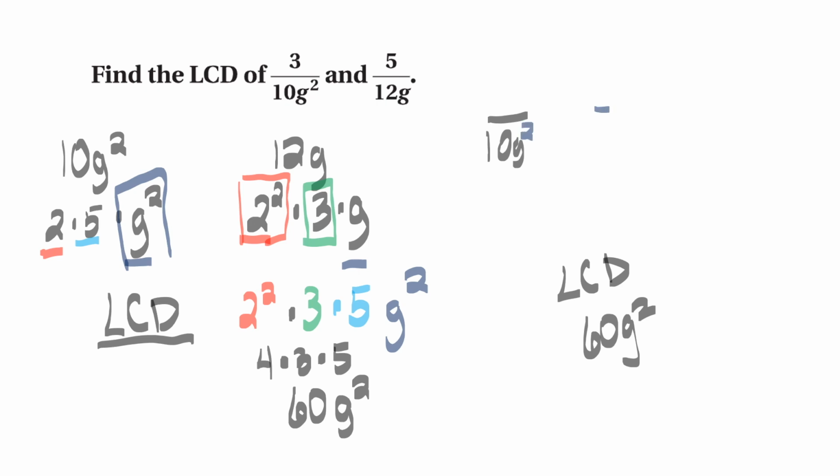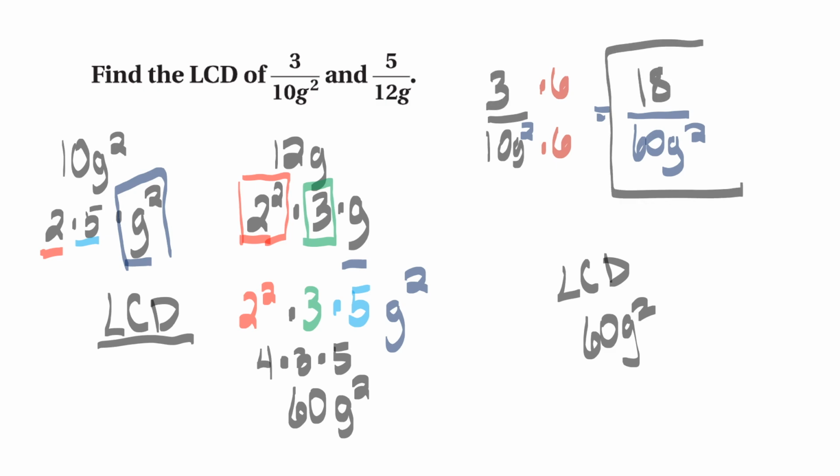And we need to figure out what we're multiplying by to get that to 60g squared. So we're multiplying 10 by 6. And just like we did with fractions, that means we're also multiplying our numerator by 6. And our numerator was a 3, so it becomes an 18. And that would be our new fraction with the least common denominator.